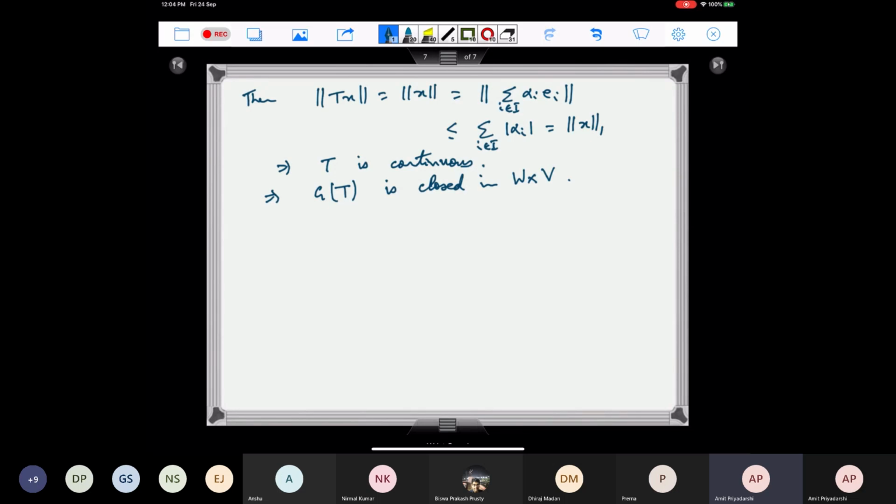So graph of T is closed in W cross V. And this implies that the graph of T inverse, which is a map from V to W, is closed in V cross W. So T inverse is a map from V to W, and the graph of T inverse is closed in V cross W.